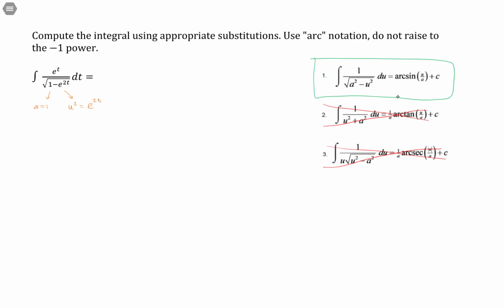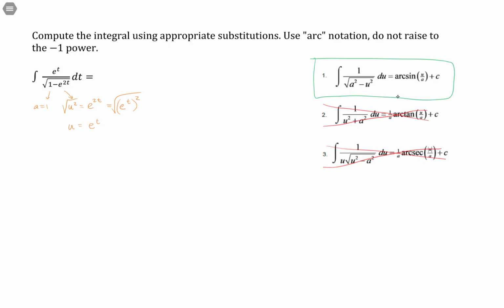A way of expressing e to the 2t is writing it as e to the t quantity squared. That's completely equivalent, because when you take an exponent raised to another exponent, you multiply them. So if I take the square root of both sides, u is e to the t.